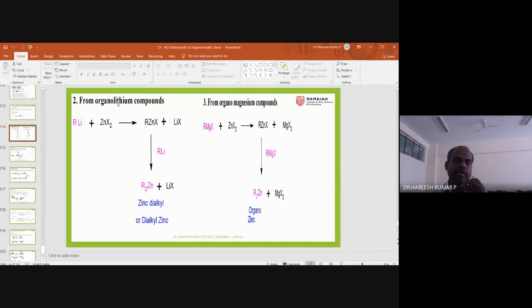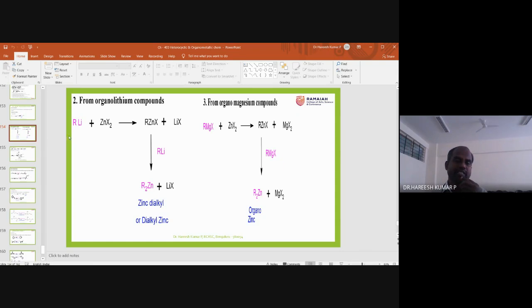Here, instead of taking zinc, I am taking a zinc halide. Instead of taking alkyl halide, I am taking an organometallic compound, R-Li, that is alkyl lithium. So alkyl lithium is an organometallic reagent.